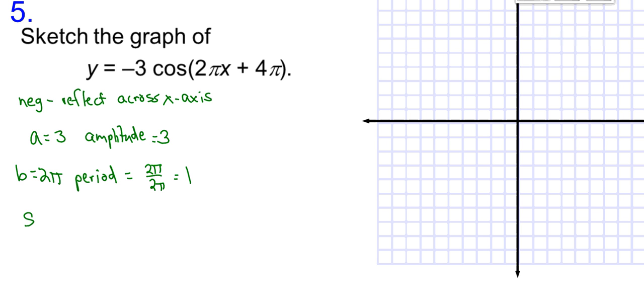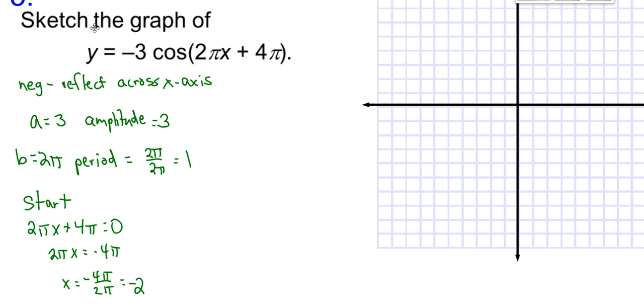Then also we want to think about where we're going to start. And so our start is where all that stuff in parentheses, 2 pi x plus 4 pi is equal to 0. So I subtract 4 pi and I divide by 2 pi. And I get -2.